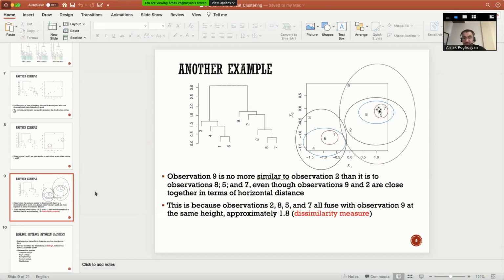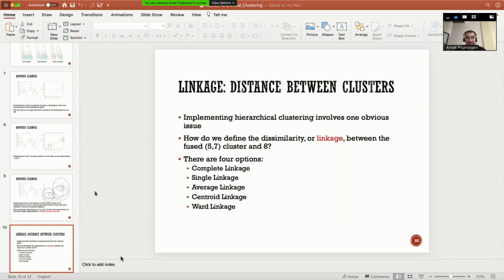So we need to come up with some ideas, and non-unique ideas. There are different possibilities for how we can perform this distance calculation. And in case of hierarchical clustering, this is known as linkage. So when you see linkage, it is describing how to calculate the distance between different clusters.